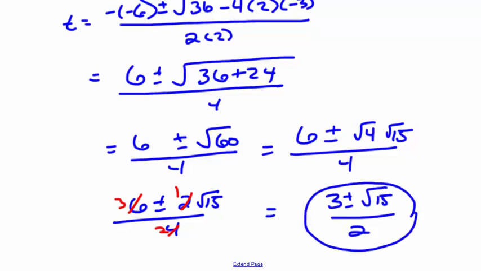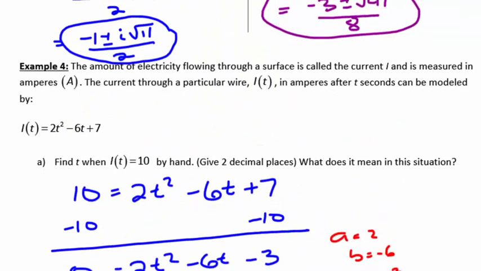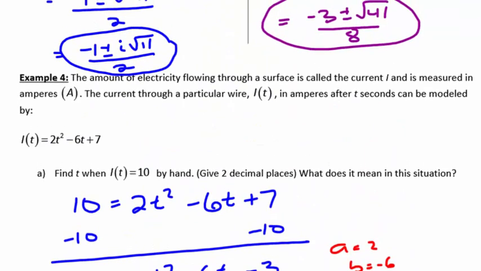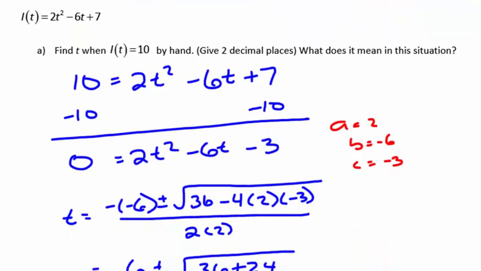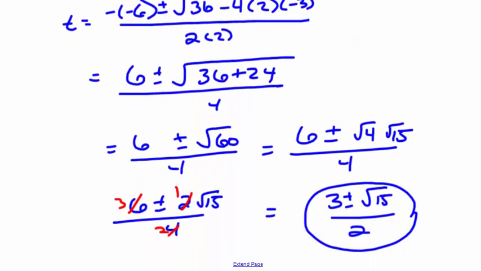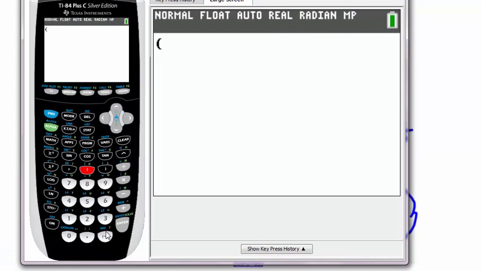Now let's look back at the original problem. I want to find t, how many seconds it has been until the current is 10 amps. So I want to give my result in 2 decimal places, so we're going to want to round these values. Grab your calculator. Make sure you type parentheses around the numerator. We're going to have 3 plus the square root of 15 over 2.